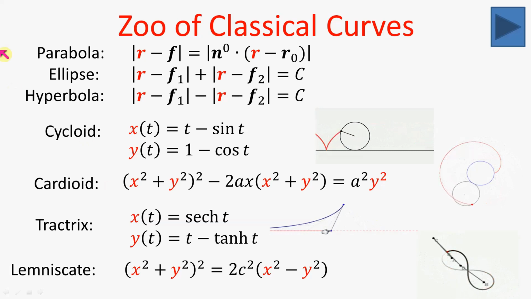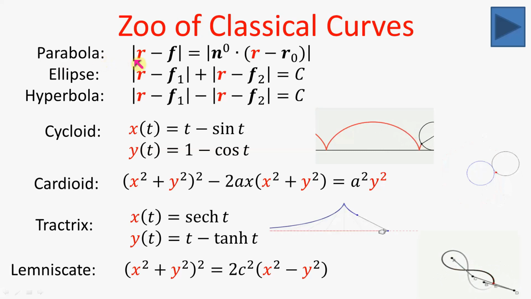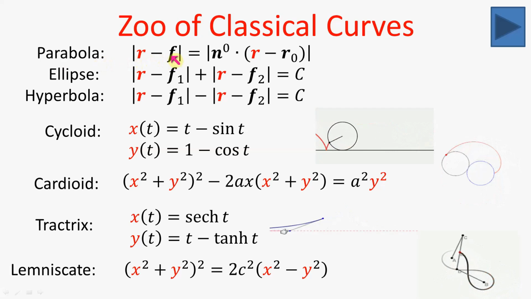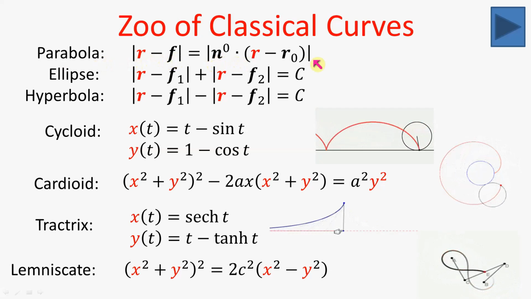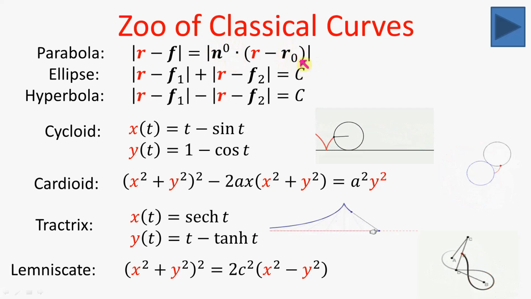So, for example, the parabola by definition is the collection of those points whose distance from a focal point f is equal to the distance from a line, where this line is defined by a unit normal m0 and position vector r0.